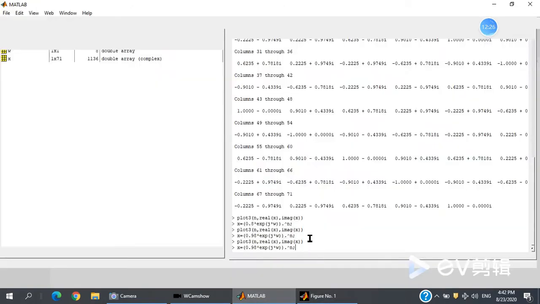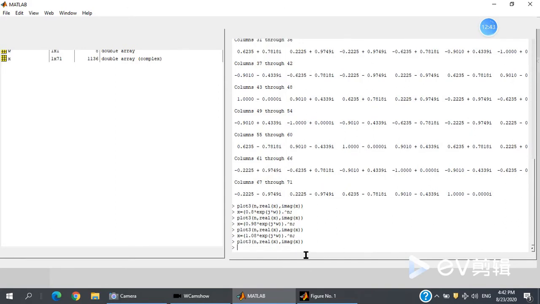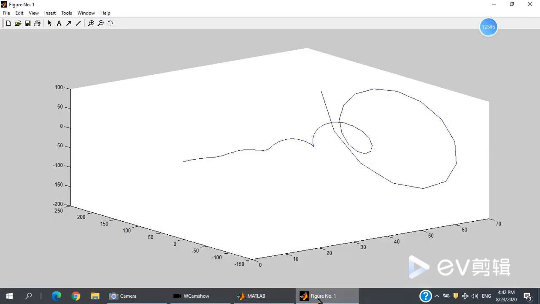If I use a larger one for rho, like instead of 0.9, I use 1.08. I use this one as rho. Then plot it, how does it look? Oh, this way. It's still spring stuff, but in the beginning it's small. It turns around, right?